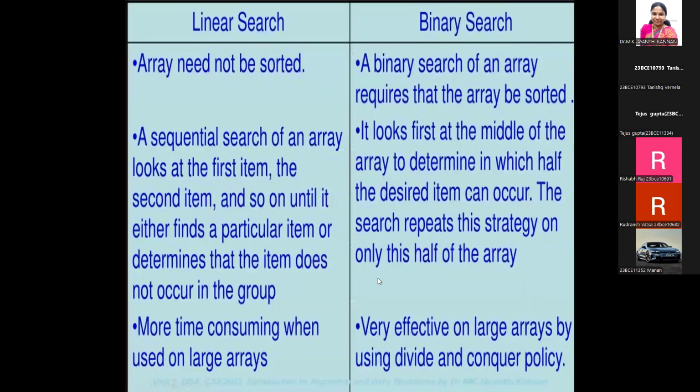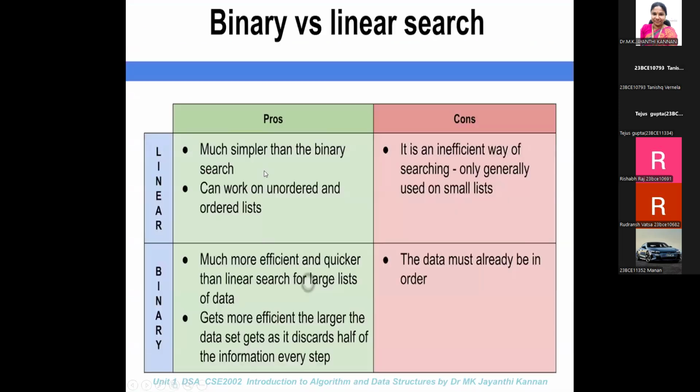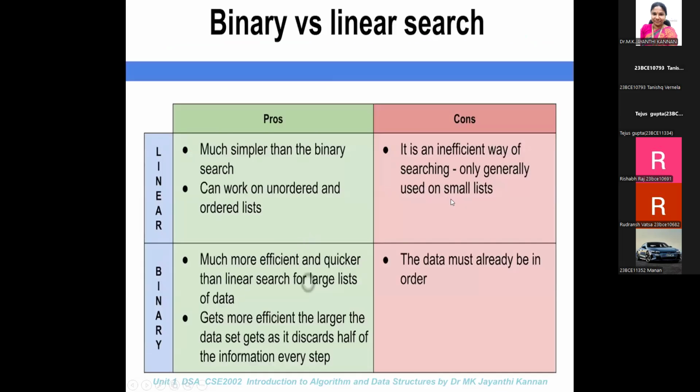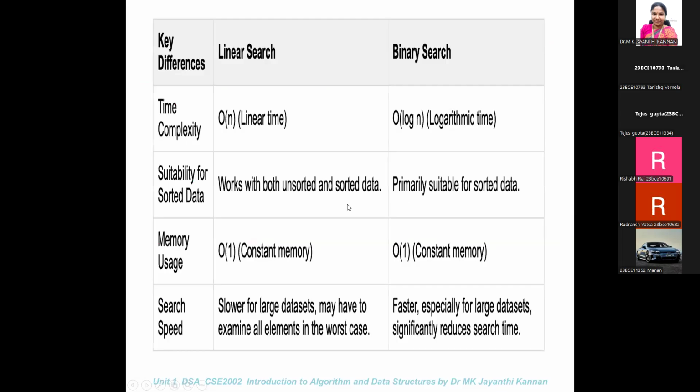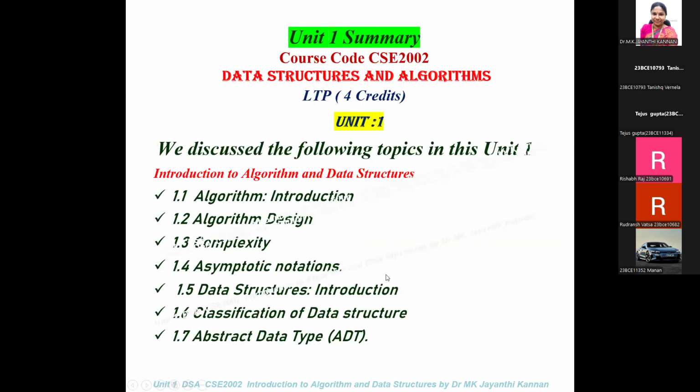The process is repeated. The difference between linear and binary search with respect to logic, efficiency, data requirement, implementation, time complexity, best and worst case scenarios. Pros and cons of binary and linear, computational efficiency. So the topics are very few.